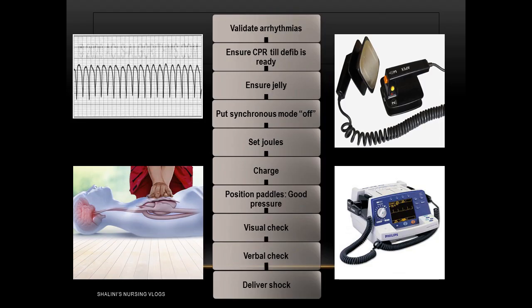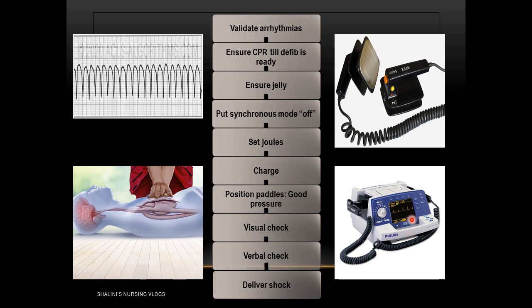The actual process of the defibrillation: make sure that you validate the arrhythmia, that it is either pulseless VT or VF, and ensure that cardiopulmonary resuscitation is on till the defibrillator is ready. Then you apply the jelly onto the paddles very liberally. Ensure that the synchronous mode on the defibrillator is put off.